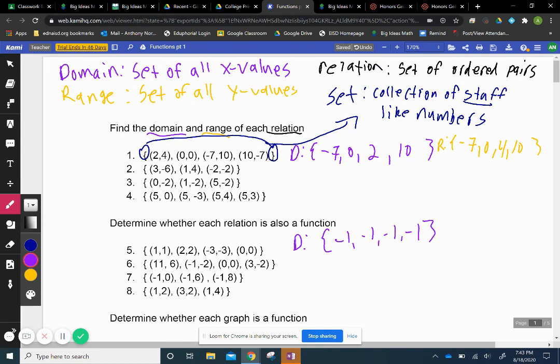Yeah, no. Maybe you can see why the preferred method is no repeats. That way, we clearly see that there's just one x value in our domain.